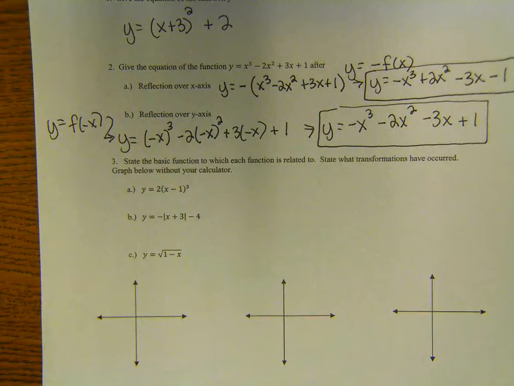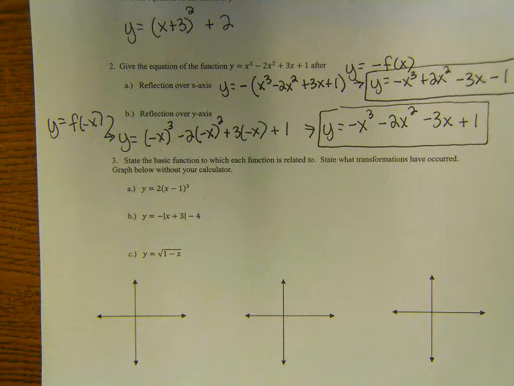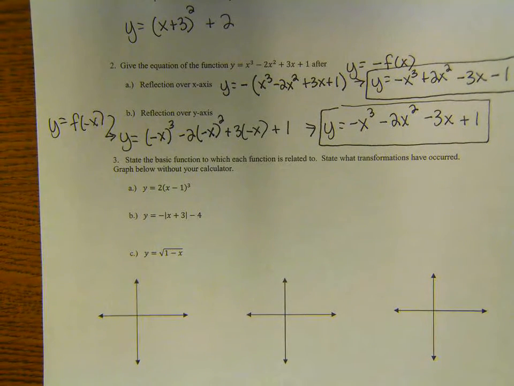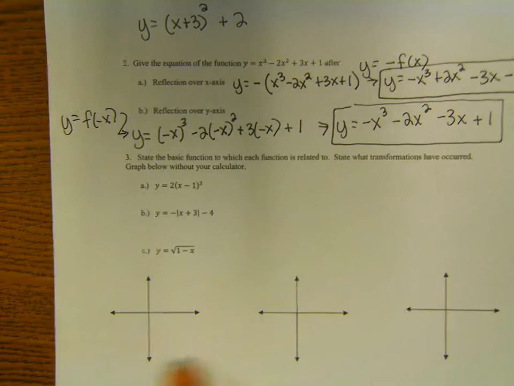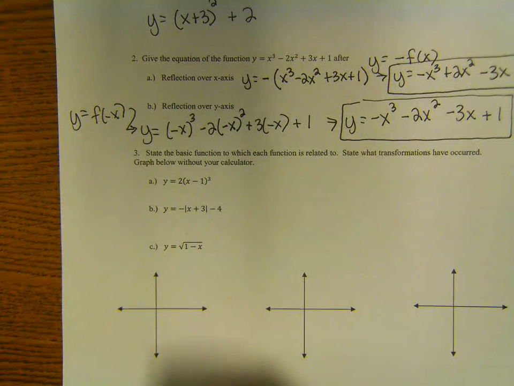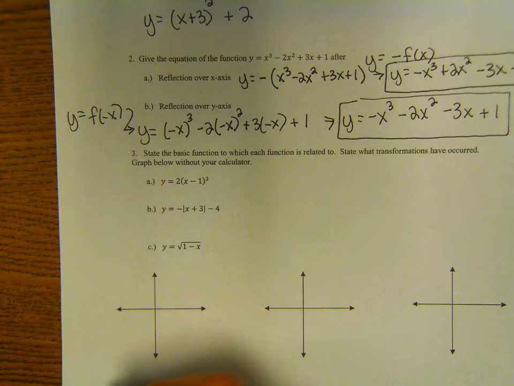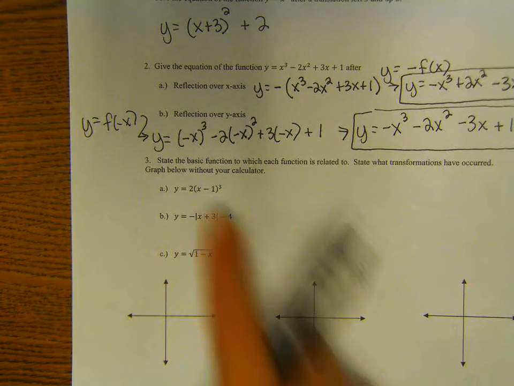So number 3A, state what transformations have occurred, graph without your calculator. Whoa. All right, so we're going to do A down here. Well, first of all, what is it related to? Yep, the cubing function.